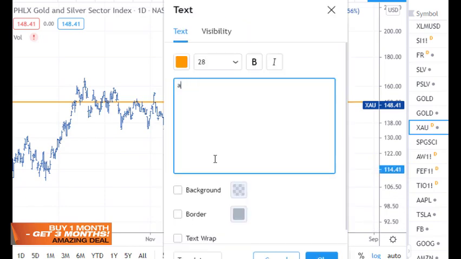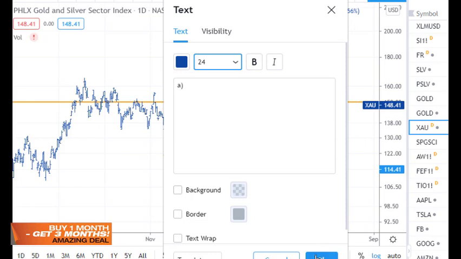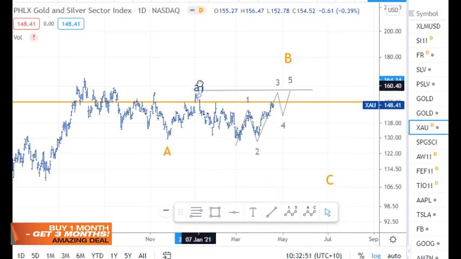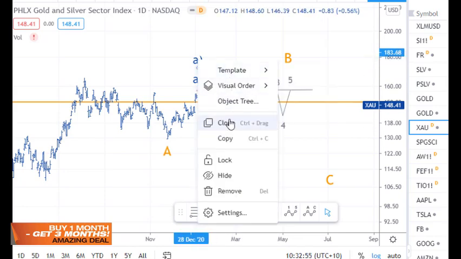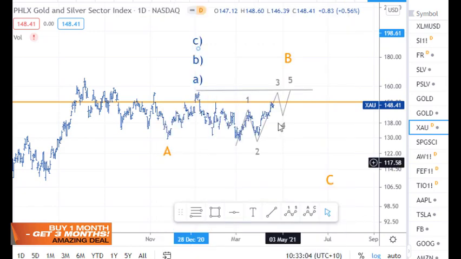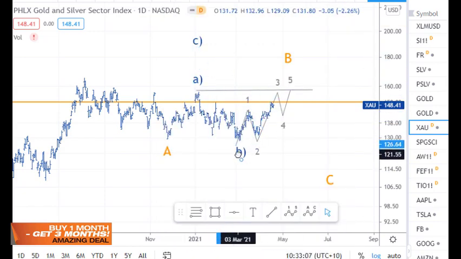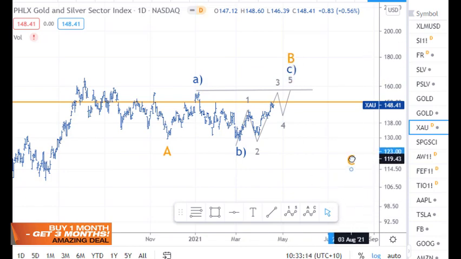So if I just put this here as an A wave, I don't think it's a real problem, but I just wanted to be aware of it, that's all, and I just want to share it and compare that to gold as well. So B wave here, and then 5 waves up for the C wave, to a larger B wave here, and then down for a wave C here.